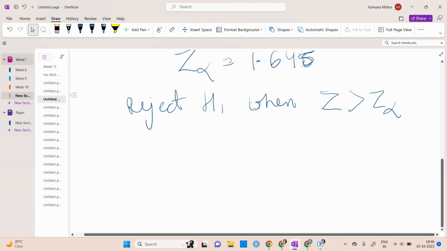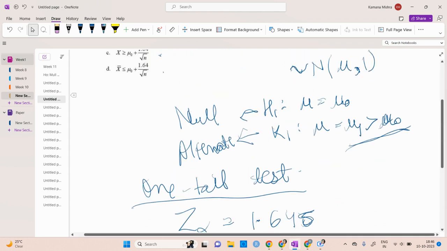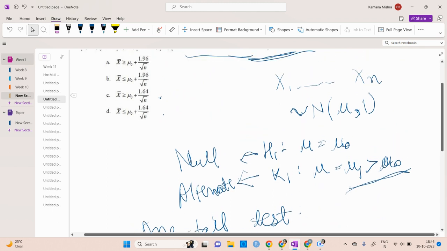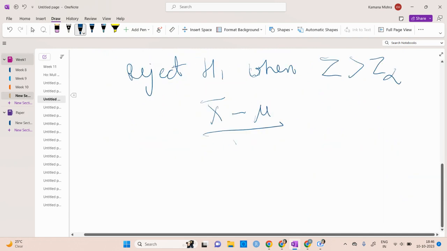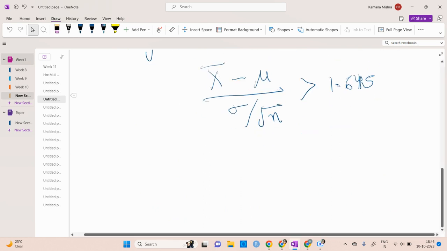Now Z is what? X bar minus mu divided by sigma divided by root n, and Z alpha is 1.645, right?